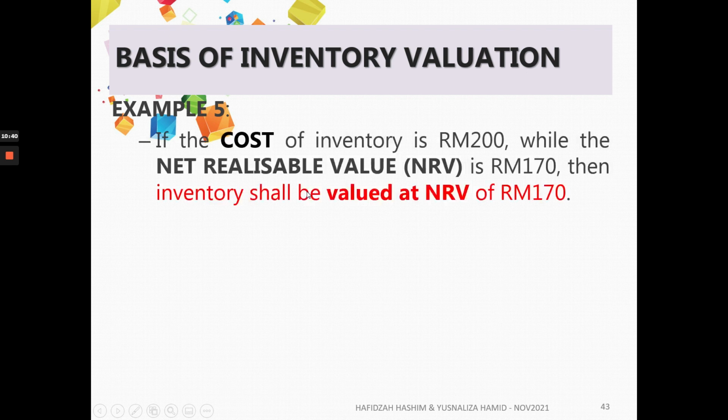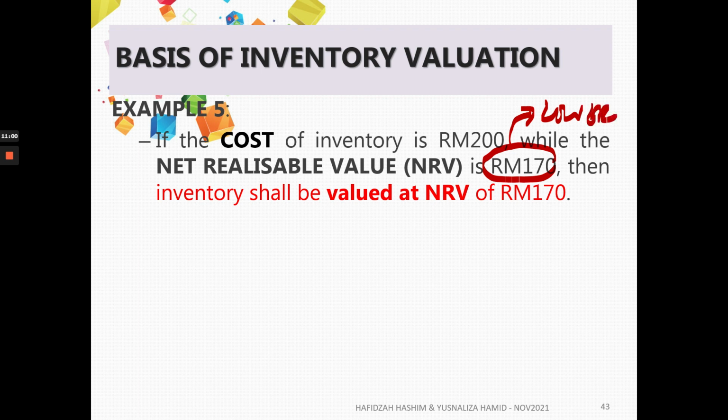Next, example 5. This is where the cost is, let's say, 200, while the net realizable value, the NRV, is 170. And here you would see that the NRV is actually lower compared to the cost.